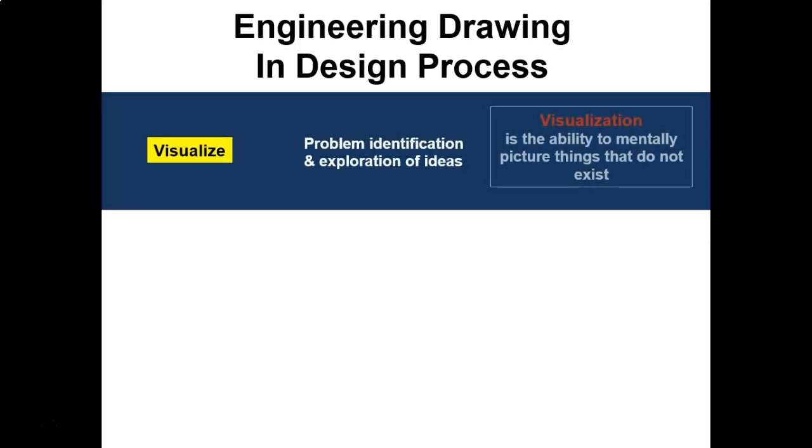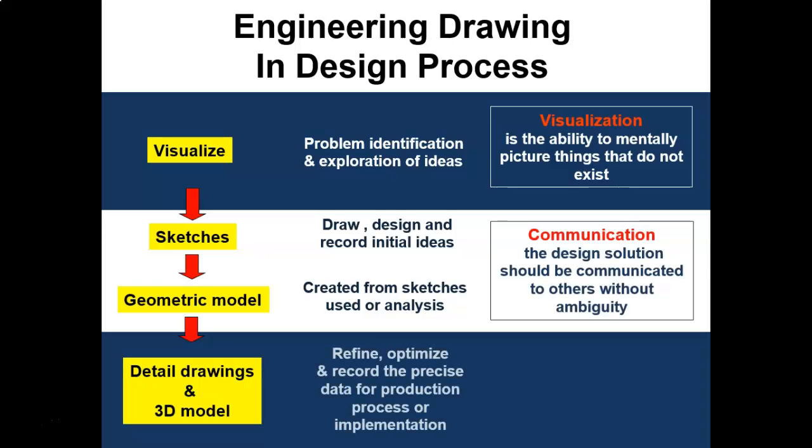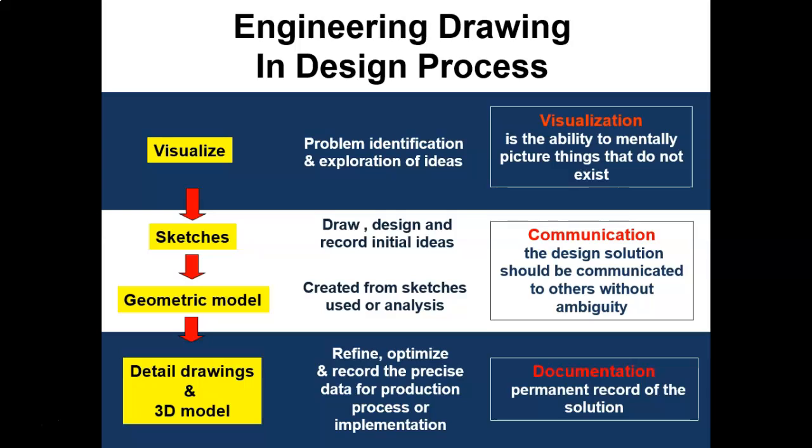So basically, in engineering drawing in the design process, we have several steps, which are visualize, sketches, geometrical model, and detailed drawing and 3D model. Of course, when designing plastic parts, you need to draw a 3D design of the product.